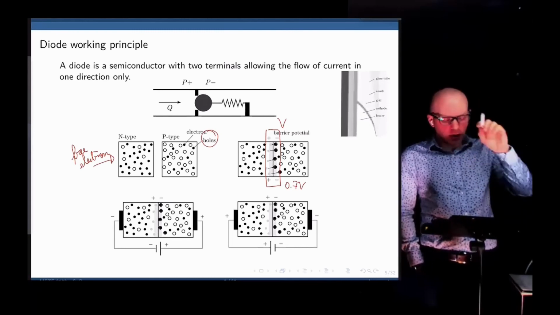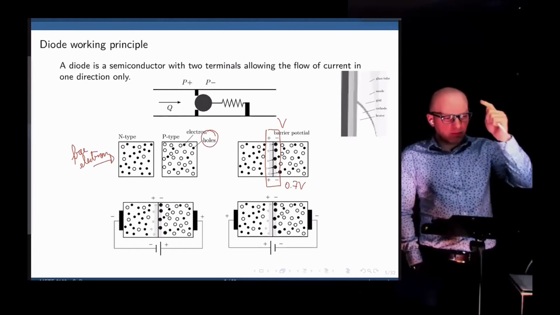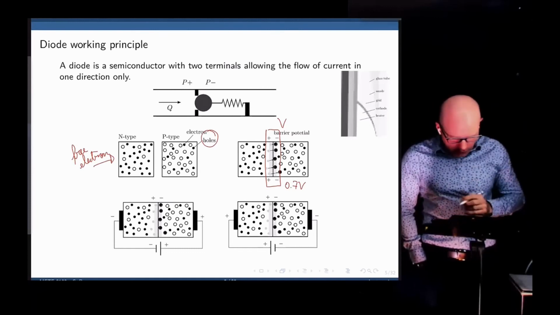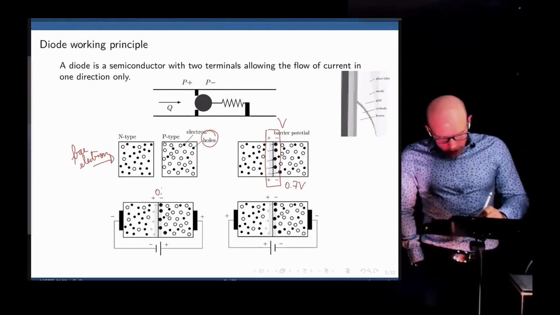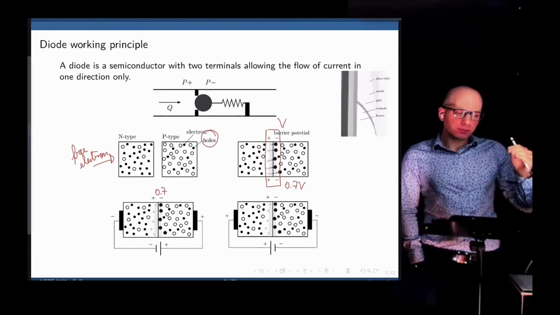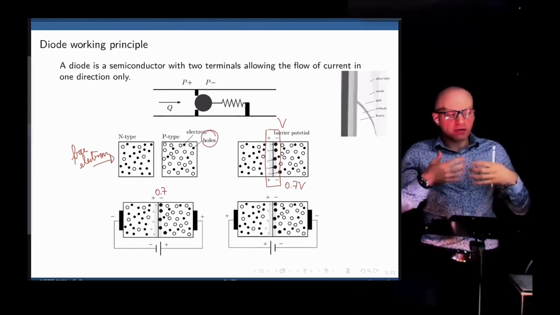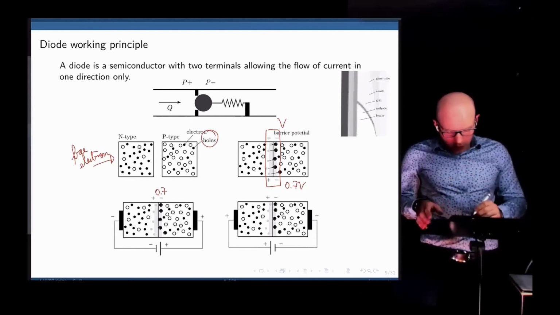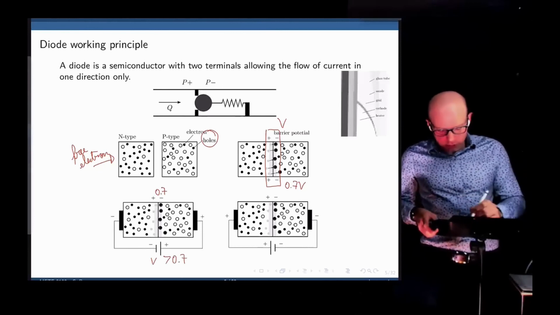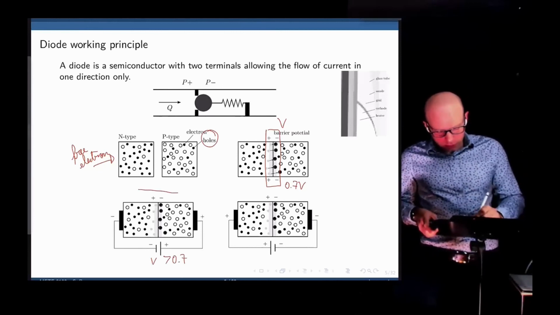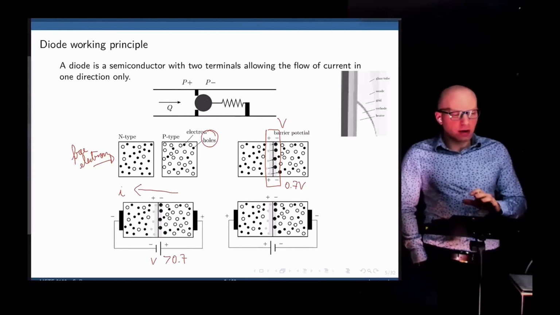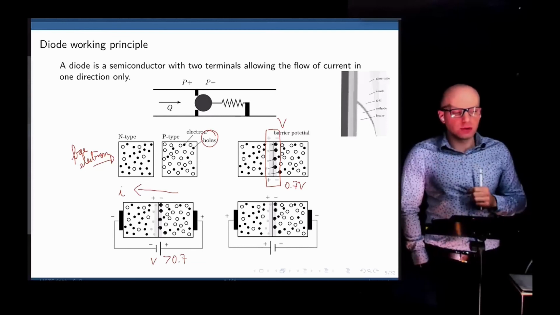When the current is flowing in one direction, we see positive and negative voltage drops, as in a regular circuit, which means that if we have a barrier potential of 0.7 volts, from 0 to 0.7 volts, current will not flow because you don't have enough potential to overcome that barrier. If the voltage is greater than the barrier, 0.7 volts, now current flows through the diode to the left. We call this a forward biased diode. It allows current to flow in one direction.